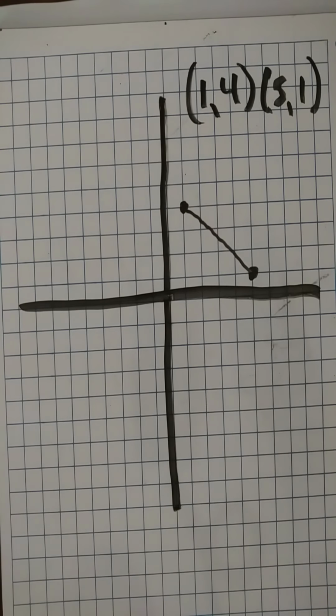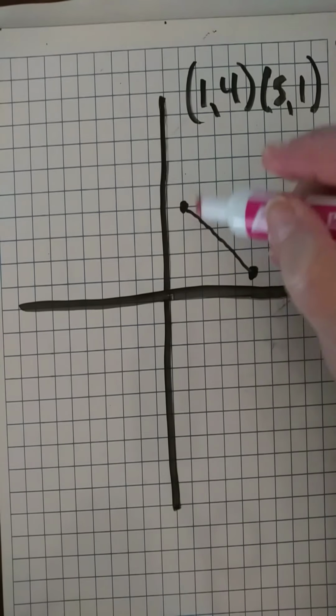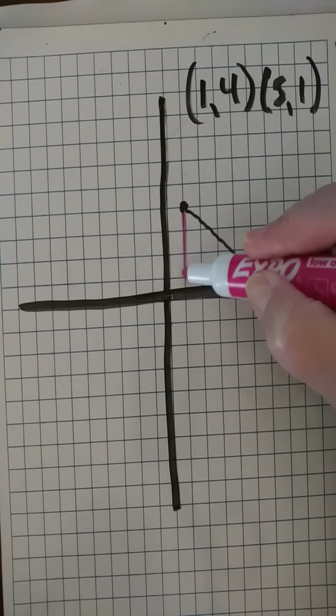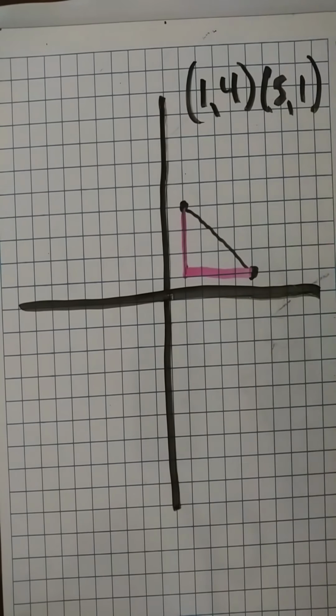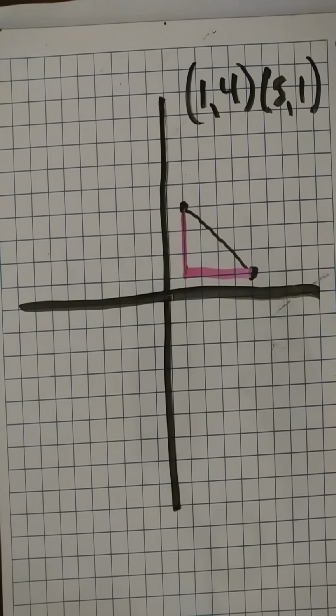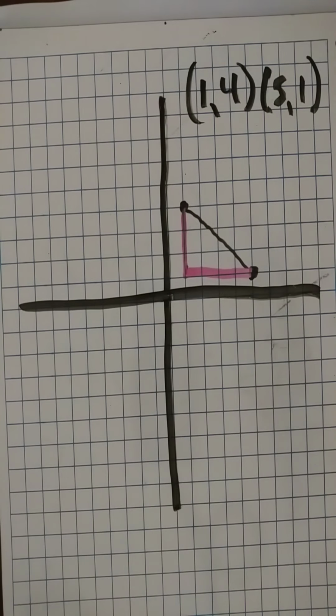So to find the distance there with our Pythagorean theorem, what we're going to do is draw a triangle. And you can draw your triangle below the 2 points or up above. It doesn't matter. Your triangle will be the same size either way. So now that we have a triangle and we can see that it's a right triangle, we can use our favorite Pythagorean theorem, okay?